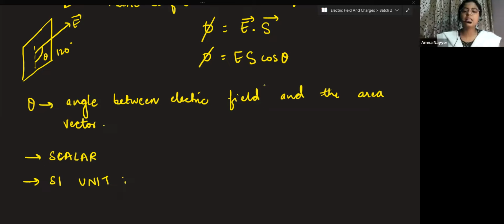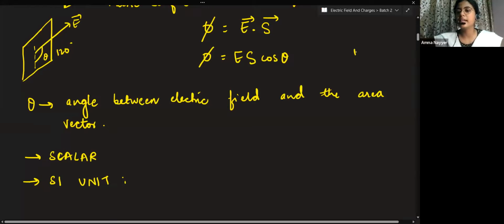See, electric field's relation we have also seen. Electric field was force per unit charge. We can also define electric field as the force experienced by a unit positive test charge. So electric field's SI unit is Newton per coulomb.